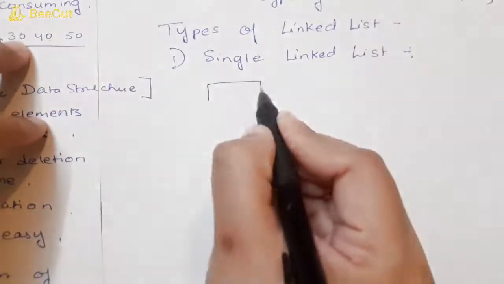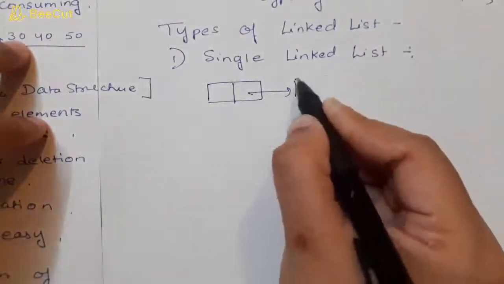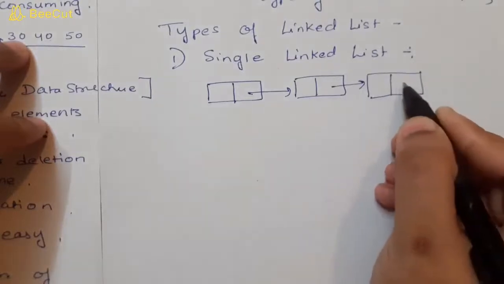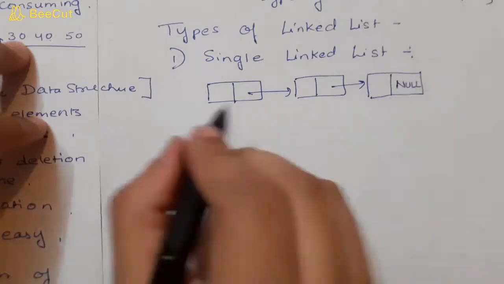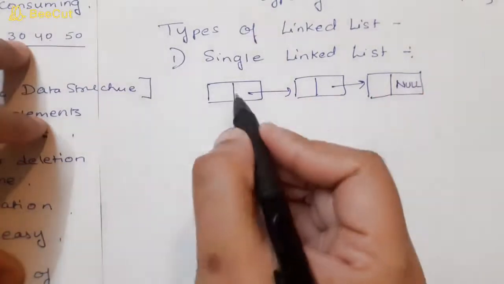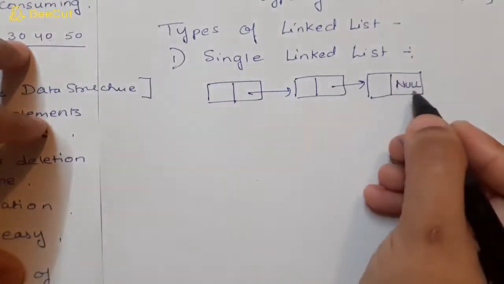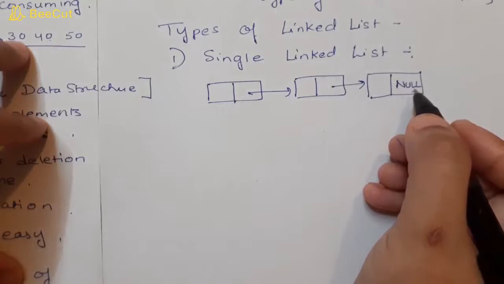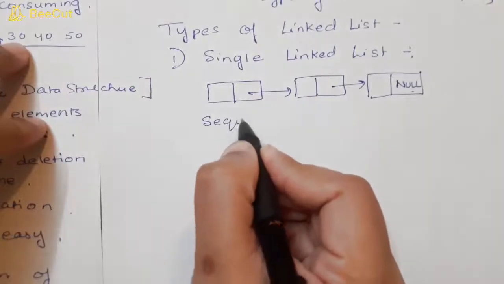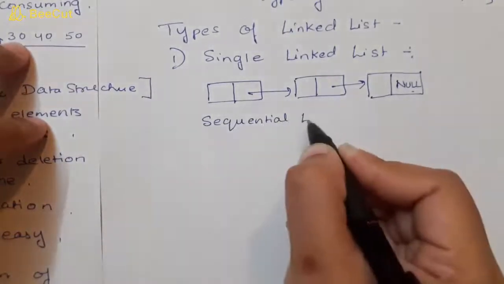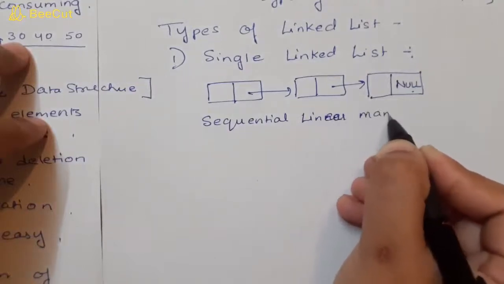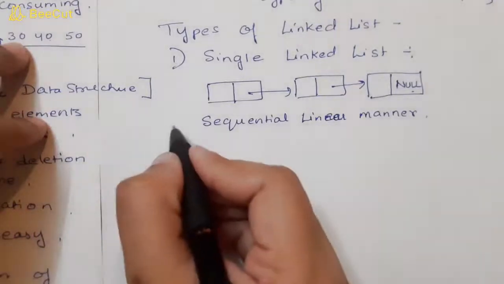It will be like this, and here it will be null. Suppose there are 3 nodes only; the list will be like this. All the nodes will be linked to each other in a sequential linear manner. Only one direction is possible.